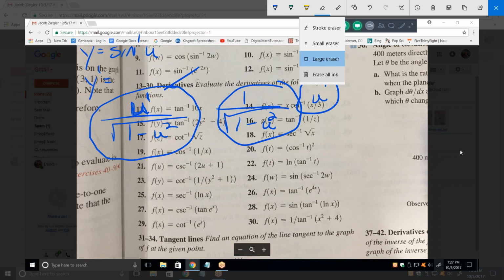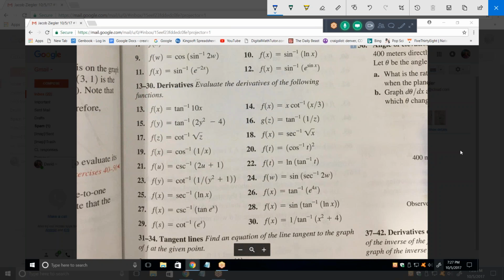Okay, so number 11, back to just sines. Let's focus on sines since we maybe have that memorized. So get me started. What's the derivative of the outside? The outside for 10 or 11? 11.